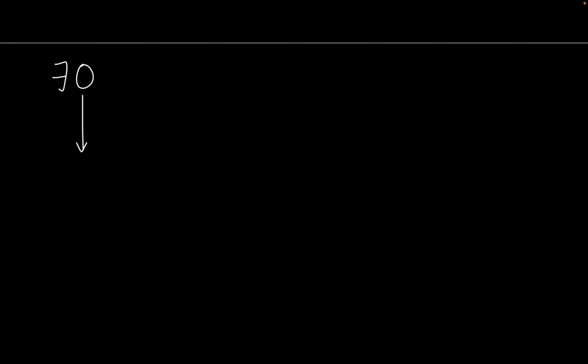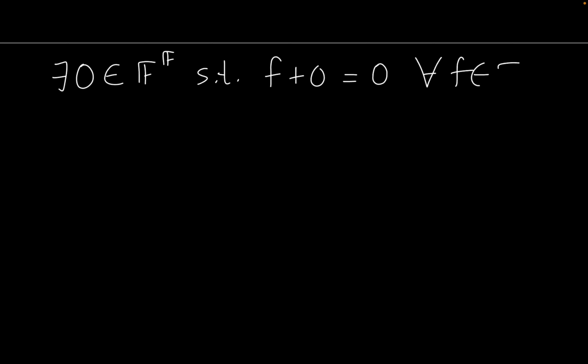This is not to be confused with the real number 0. This is a function in F to F, and we typically use the same notation to represent the concept of an additive identity in not just the real numbers but in general in fields as well as in objects like vector spaces. So don't get confused, this 0 is a function. There exists a 0 such that f plus 0 is equal to f for every single f in F to the F, and I hope that makes sense.